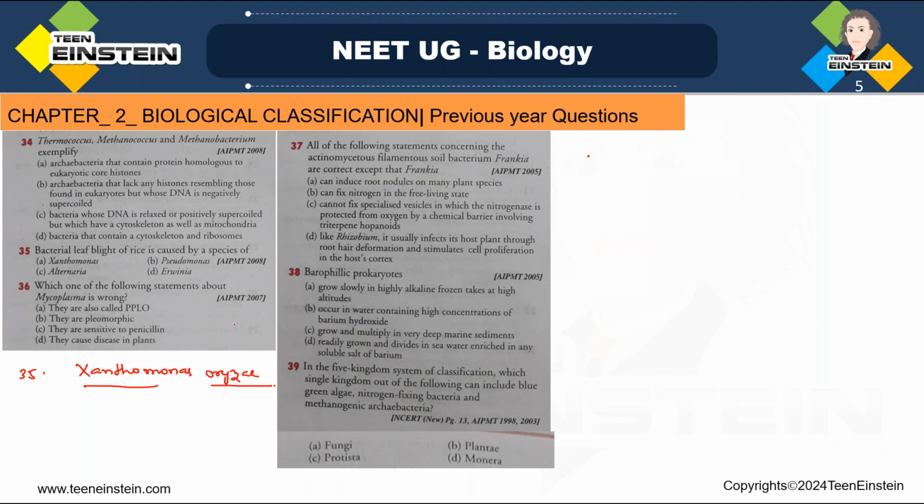Question number 36, which one of the following statements about mycoplasma is wrong? First statement, they are also called PPLO. Second one, they are pleomorphic. Option three is they are sensitive to penicillin. And the fourth option, they cause disease in plants. So which statement about mycoplasma is wrong?